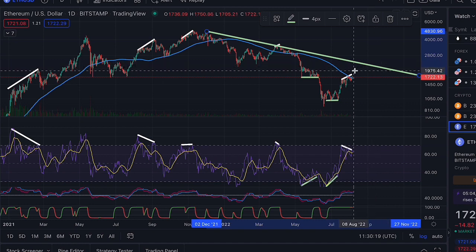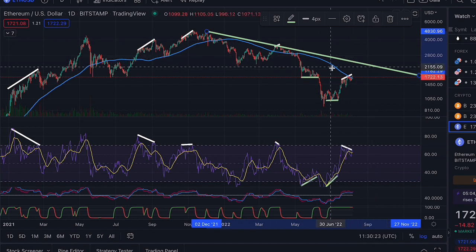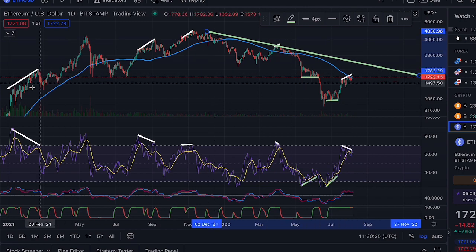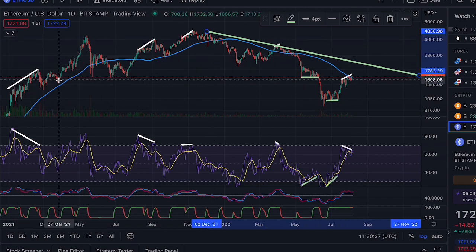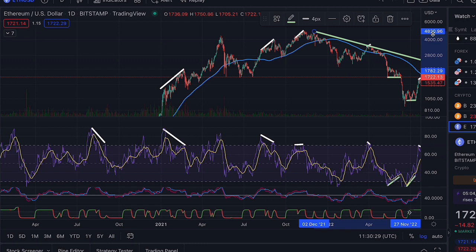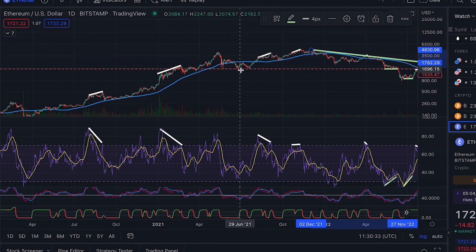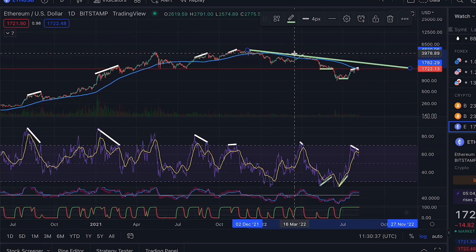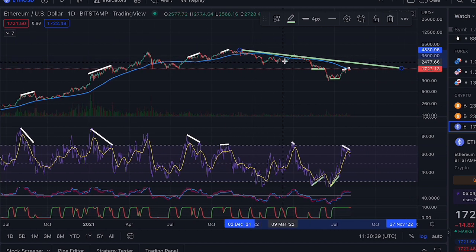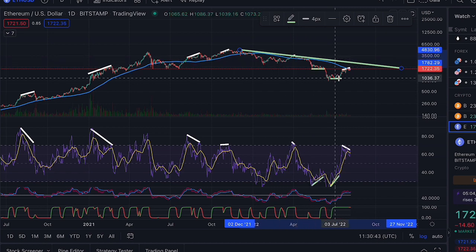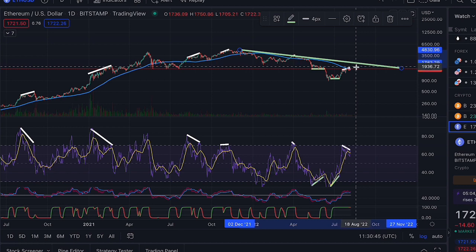But we have hit our 100-day moving average, and during an uptrend we tend to hold it as support. Sometimes we come back and test it and then it holds as support, but during a downtrend we tend to hold it as resistance or travel along it, and now it's resistance again potentially.